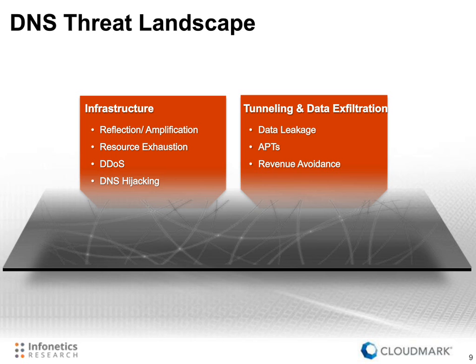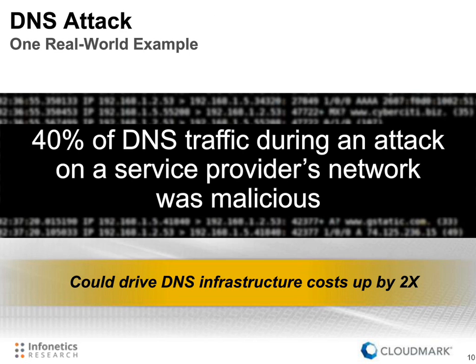So I'll wrap up this section. This is a real-world example of one service provider customer whose DNS traffic was sampled for about 30 minutes. 40% of their overall DNS traffic in that 30-minute sample was found to be malicious traffic. Now, obviously, that sends up a bunch of red flags because you don't want a bunch of malicious traffic. What's it doing? Where is it going? What is it?